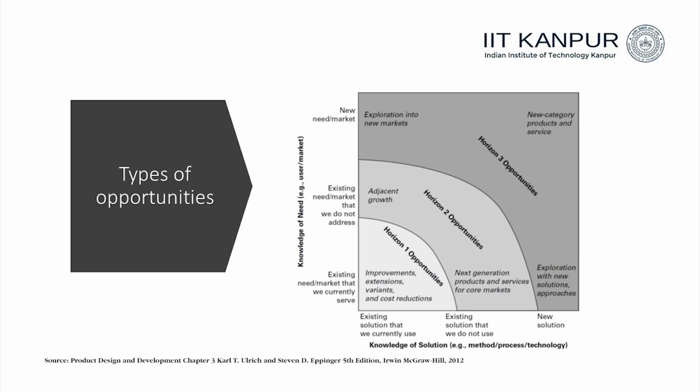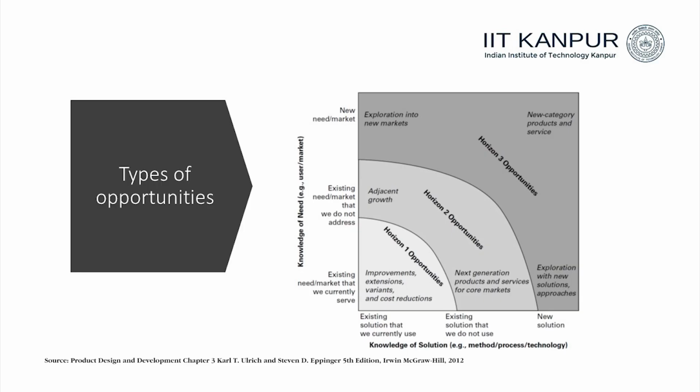So, here is the user and the market, here is the method and the process and the technology. Okay. So, this is where the market is, this is where the current science is, this is what we can do. Okay. So, as we go along this axis, we are talking about more and more sophisticated methods, more and more sophisticated process, more and more sophisticated technologies. So, horizon 1 opportunities is taking into account the current methods that we have.